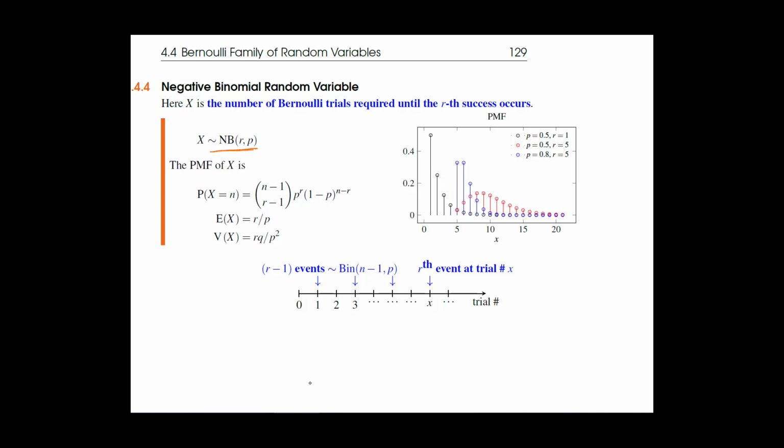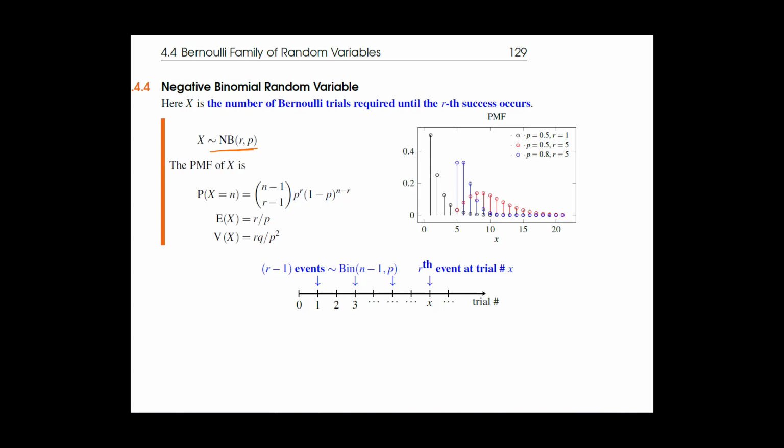Okay, let's discuss the PMF. For the PMF, you're flipping that coin until the success number r, right? So the rth event has to occur at trial x. So the r is success. We're using successes or events as synonyms.